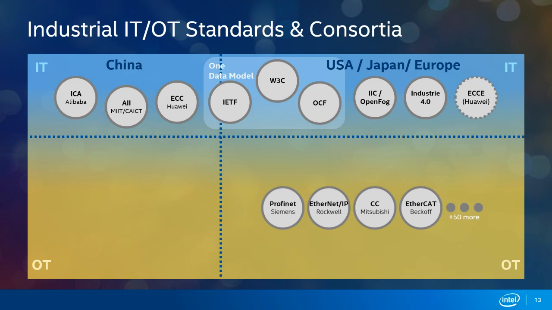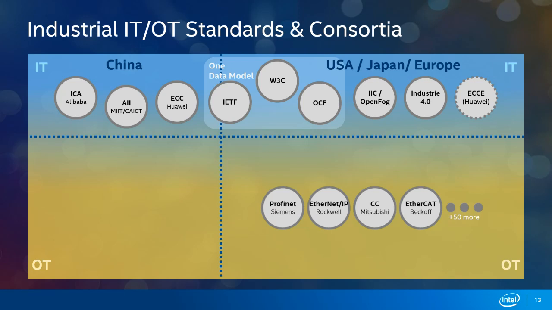And then there was a consortia that was started about 3 or 4 years ago that was a combination of groups that Intel, Samsung, Microsoft, and Qualcomm were driving that merged together. Now, these 3 groups have come together to work with an organization called One Data Model, which is really trying to address the definition of data models and information exchange.